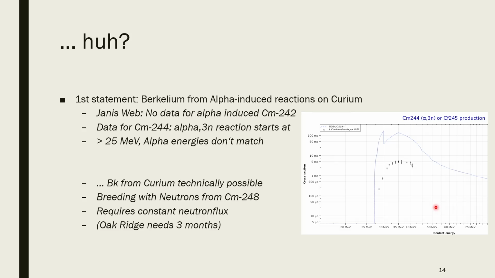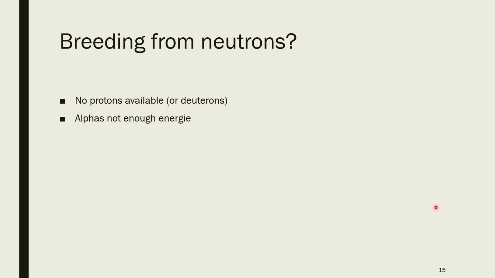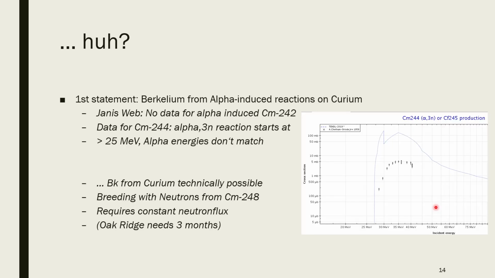At Oak Ridge, they need about 3 months to breed anything past curium from their curium aluminium oxide target, and they use highly enriched uranium for this neutron flux. And also I just wanted to mention that no proton or deuteron induced reactions. Even though they might be described in the literature, we don't have any protons or deuterons available. Alphas do not have enough energy, as we saw in the previous slide, and as I said, constant neutron flux.